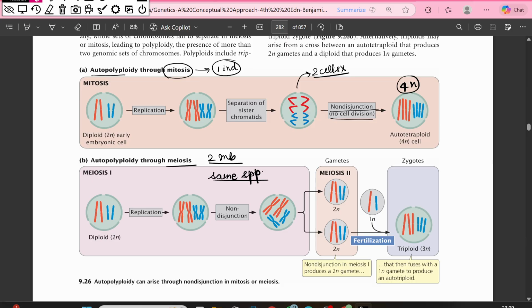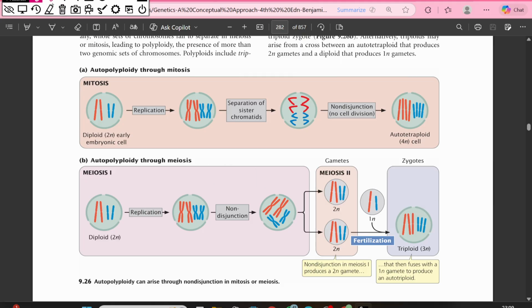So here also it can happen that there is one individual in whose gametes meiosis did not occur, because of which the gametes became diploid, and the other individual was normal with haploid gametes. In that condition, when the two of them fused, the resultant zygote became triploid. So this is the condition of polyploidy within the same species.